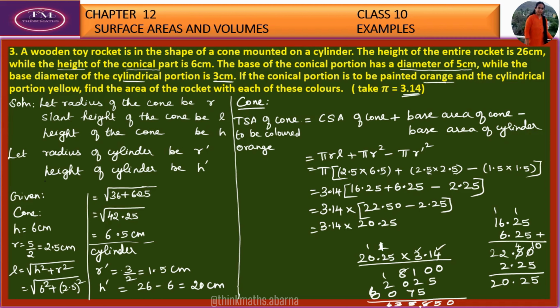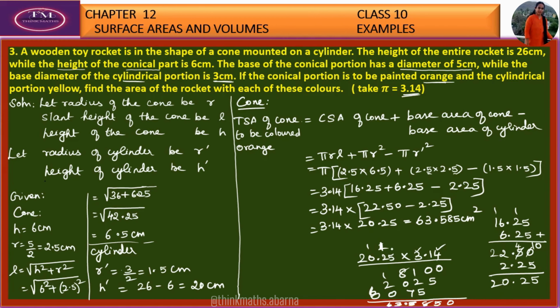So 6358, and how many decimal places? 1, 2, 3, 4. So 63.585. Okay. So the answer is 63.585 centimeter square. Now we have to find out the area that is to be colored yellow.